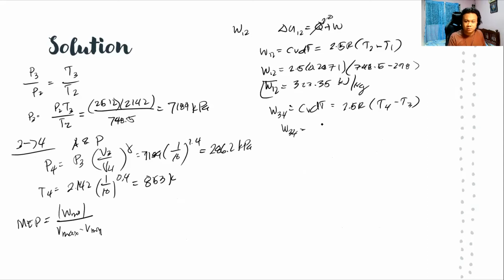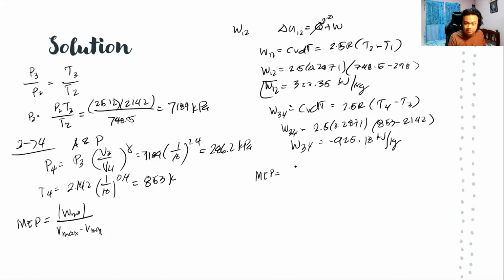So W34 is equal to 2.5 times 0.2871 times 853 minus 2,142, which is equal to negative 925.18 kilojoules per kilogram. So let's input that in our MEP.